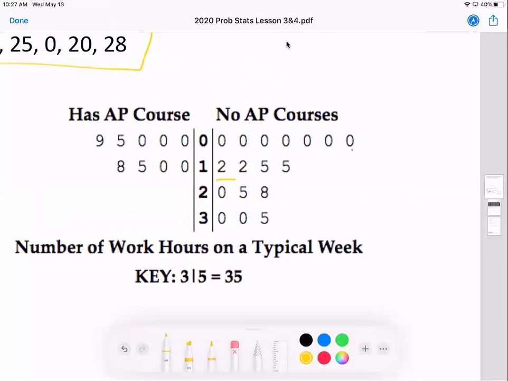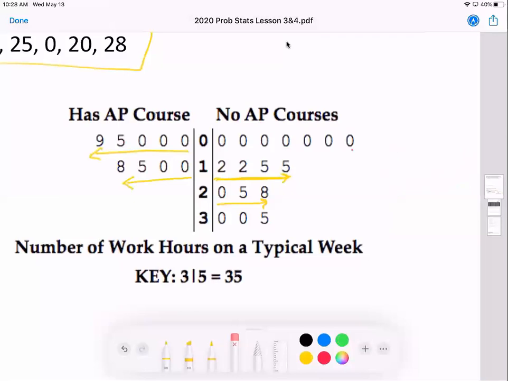These numbers, 2, 2, 5, 5, 5, 0, 5, 8, those are in numerical order. Just on the left side, they go in the other kind of order. You read them like that, 0, 0, 5, 8, and then 0, 0, 5, 9. But they are all organized. It makes it a little difficult if you had organized these differently. You'd want to put them in order, which they are already in order here.